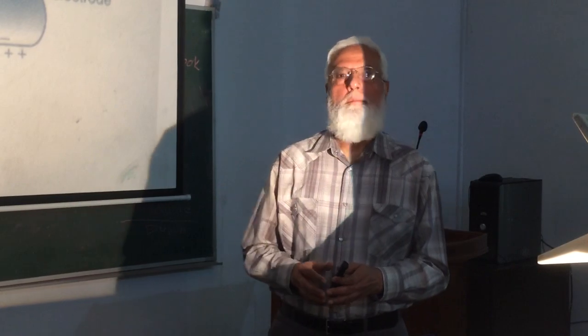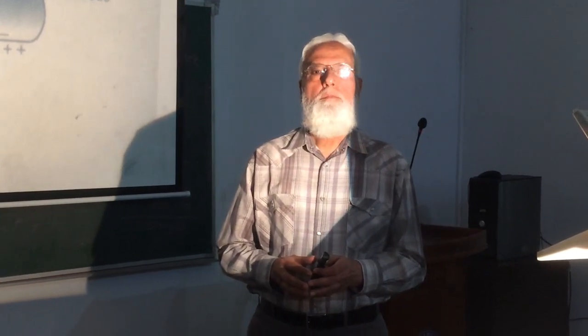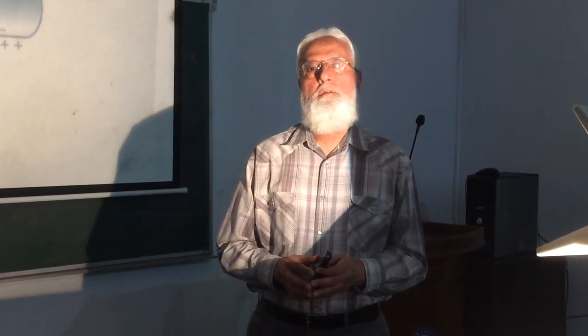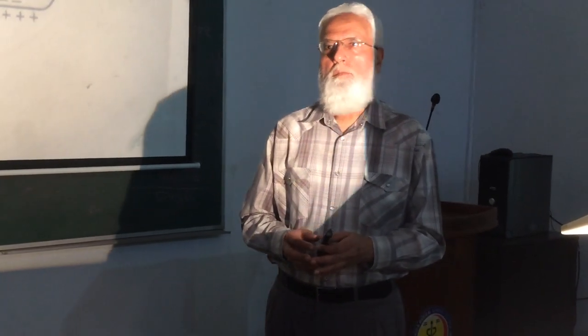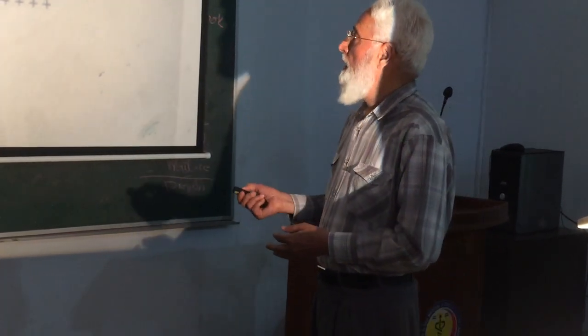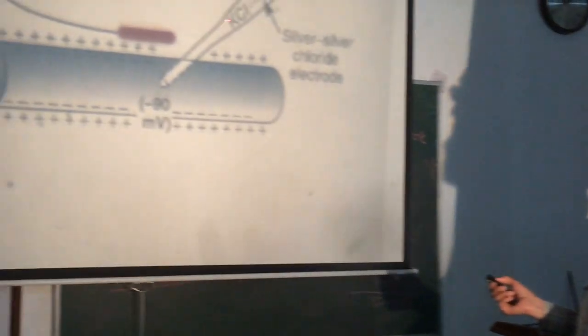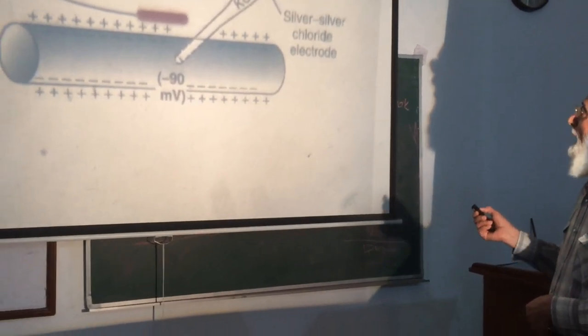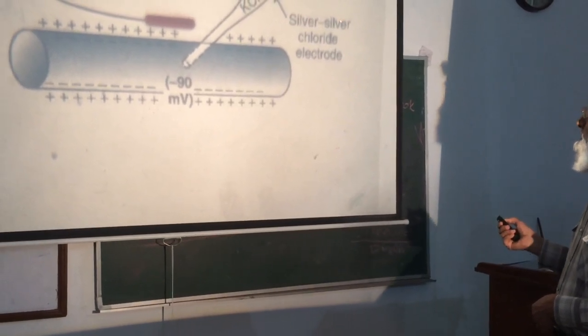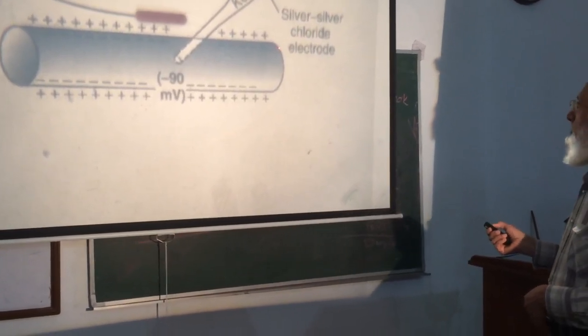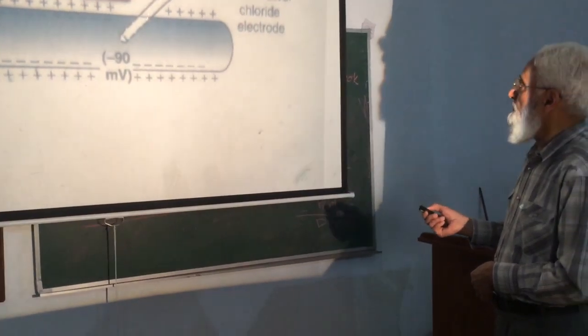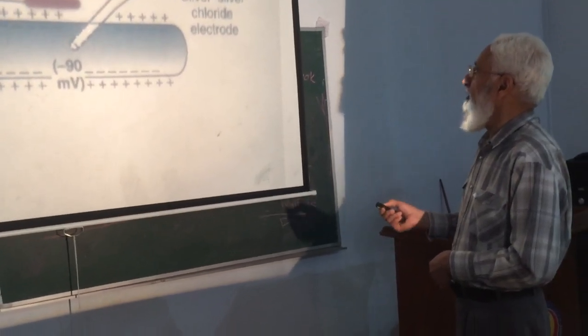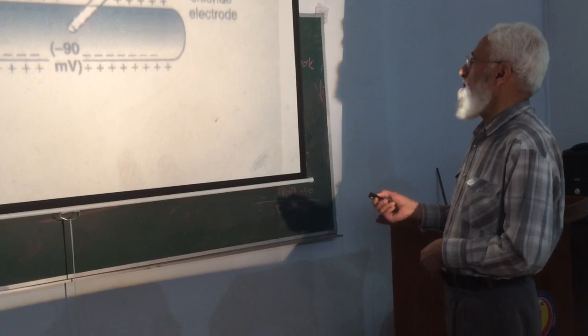How can we record the resting membrane potential? One silver chloride microelectrode is placed into the muscle fiber or nerve fiber.